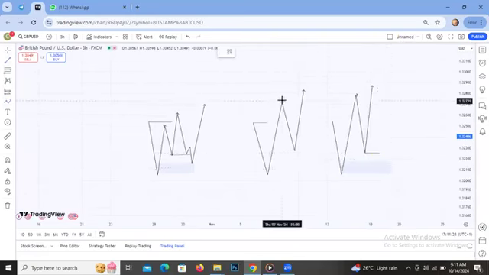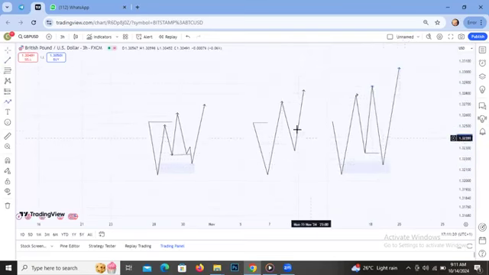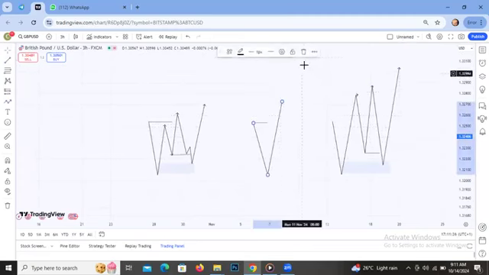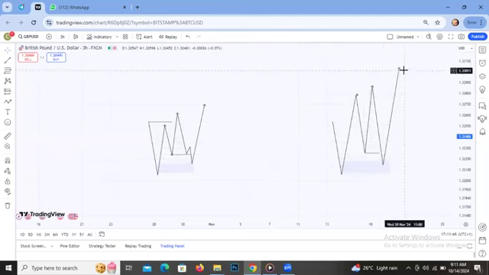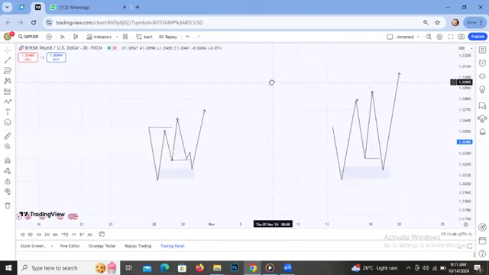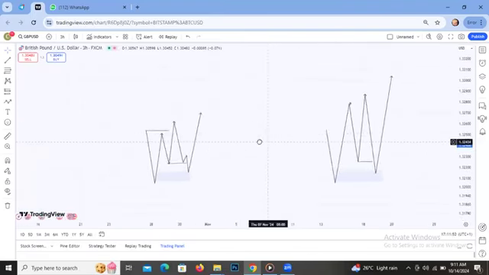Are you getting me? So something like this will now happen. After the immediate break of the high, market will give you a pullback, break another high, then return back into your zone, then go your way. That's why sometimes it looks like you missed the trade, but you have not missed the trade.